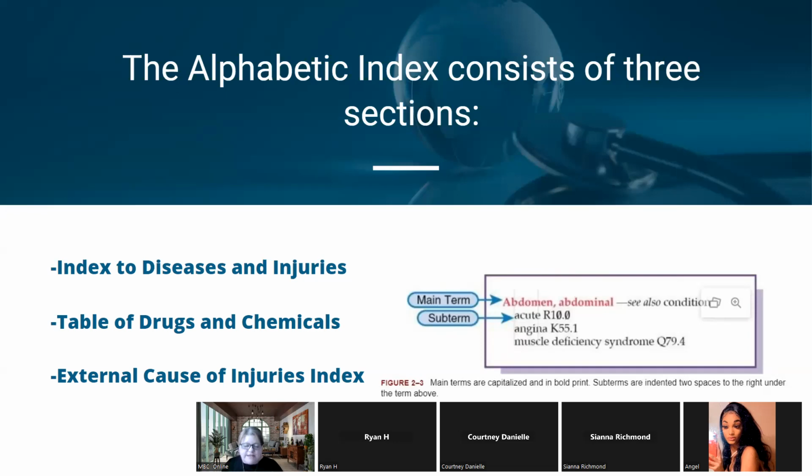That would lead you right to Y04.0, and then you get more specific from there. They also have brawl, which leads you to that same code, Y04.0, because a brawl is considered a fist fight.